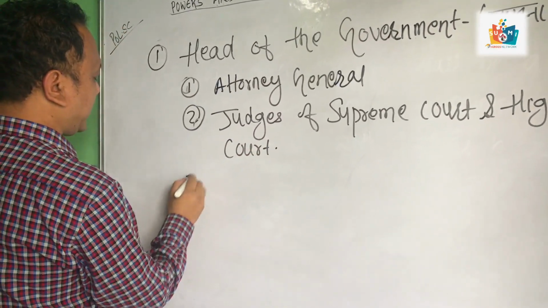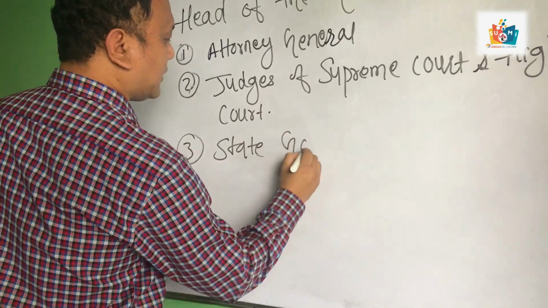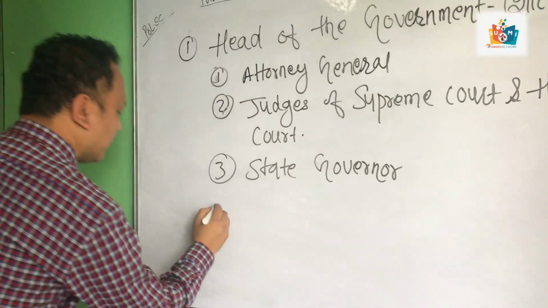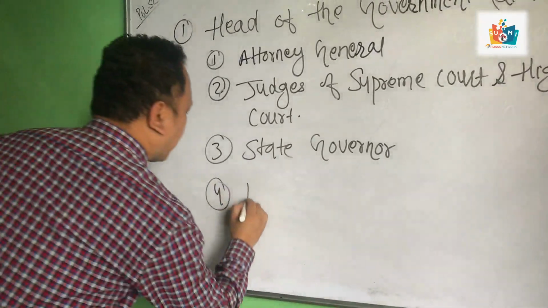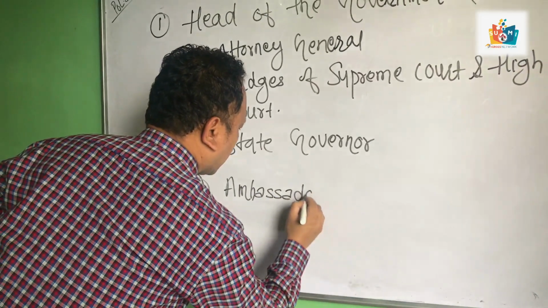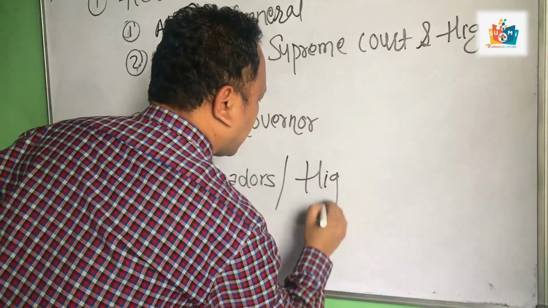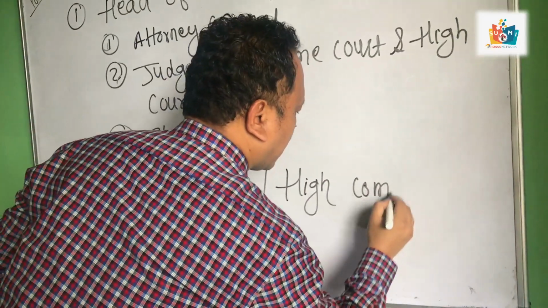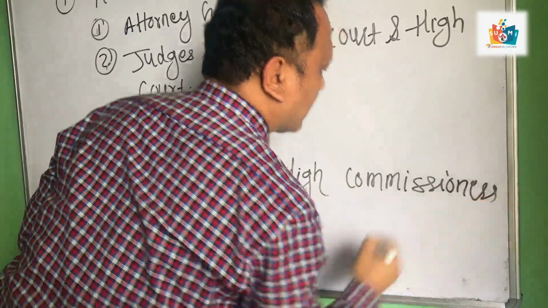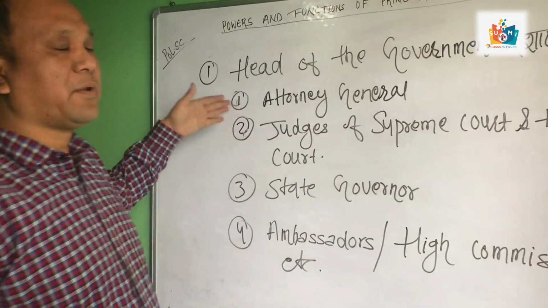Number three, state governors. Number four, ambassadors and high commissioners, etc.